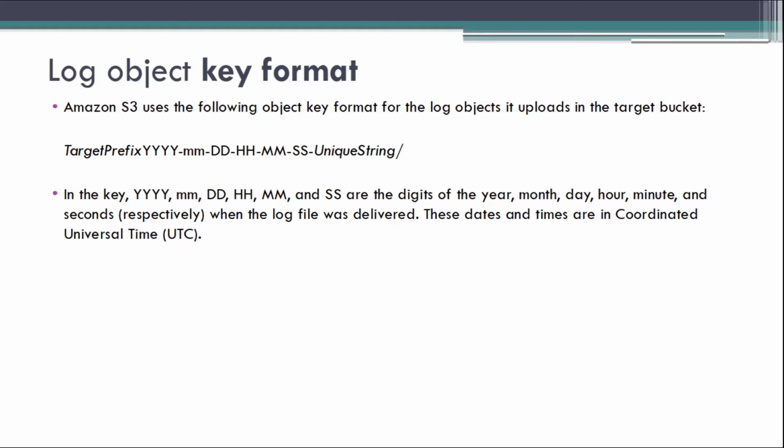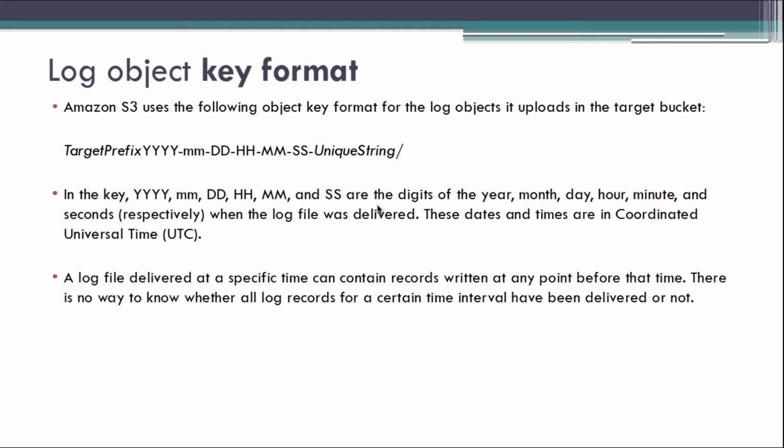In the key, YYYY, mm, DD, HH, MM, and SS are the digits of the year, month, day, hour, minute, and seconds respectively, when the log file was delivered. So this is nothing but when the log file is delivered. This is the timestamp in UTC format. A log file delivered at a specific time can contain records written at any point before that time.